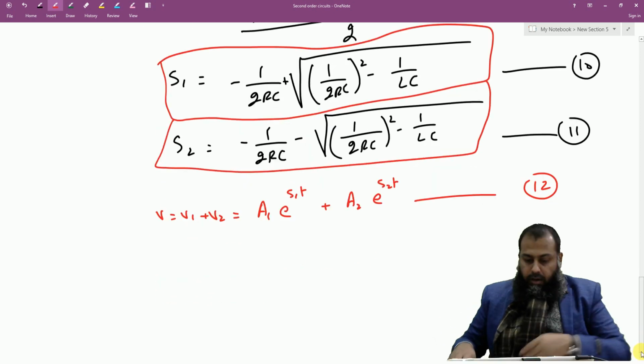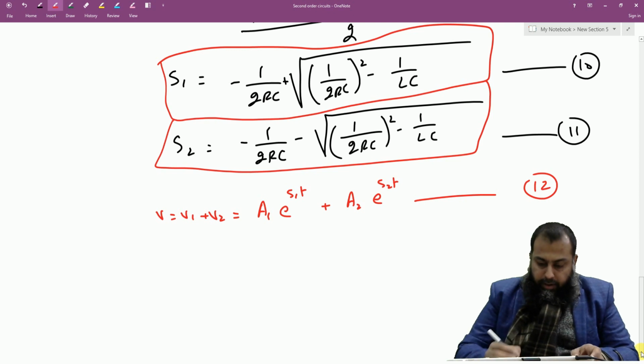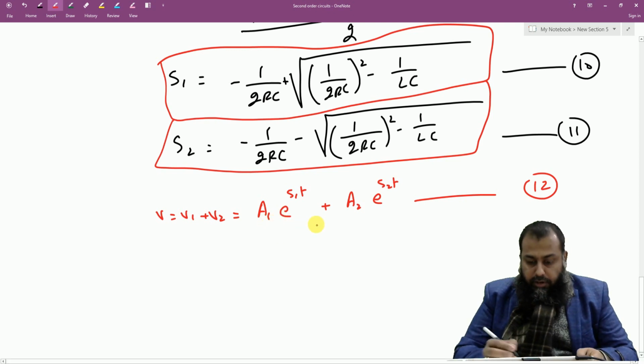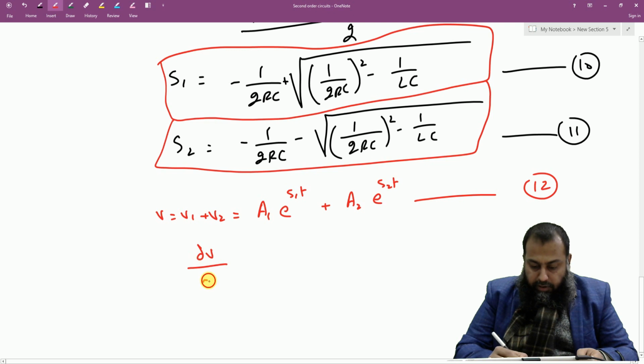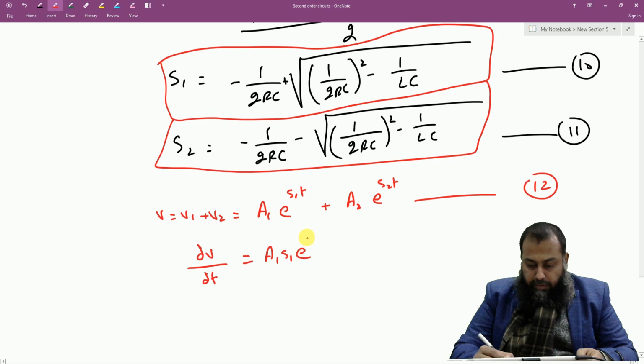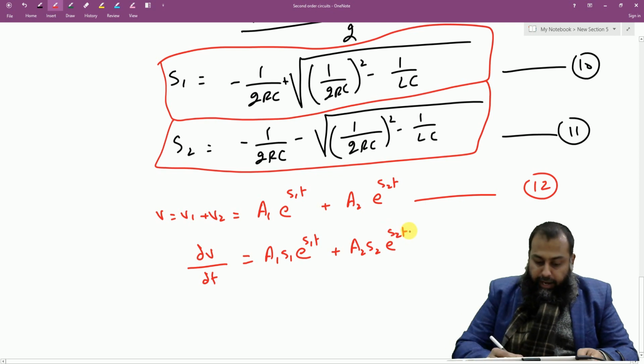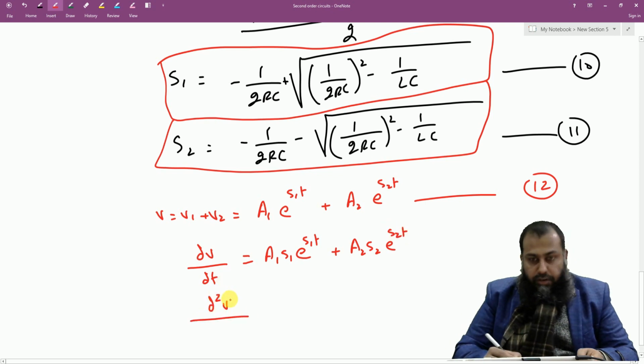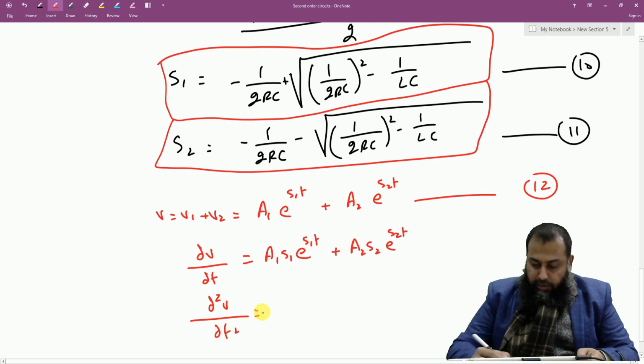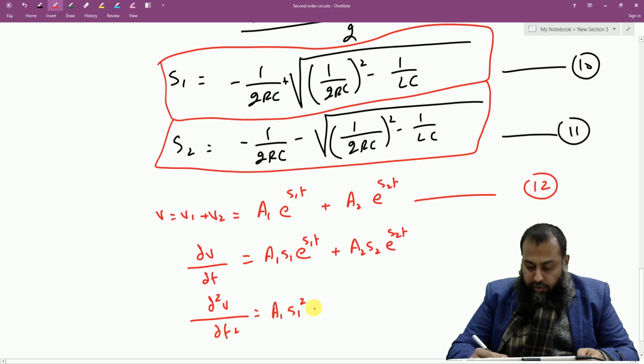Now if this is true, then if I take the derivative dv over dt, this becomes a1 s1 e to the power s1t plus a2 s2 e to the power s2t. And if I take the double derivative, d square v over dt square, then that is equal to a1 s1 square e to the power s1t plus a2 s2 square e to the power s2t.